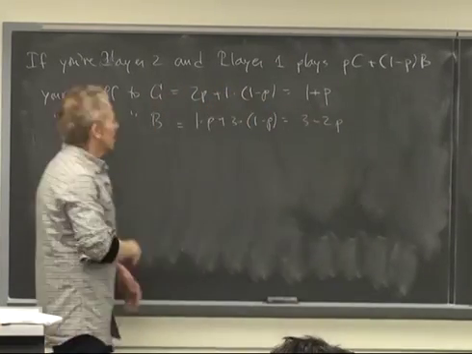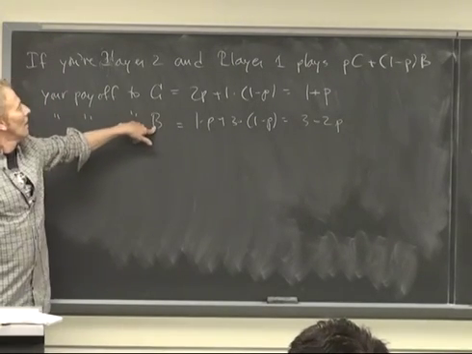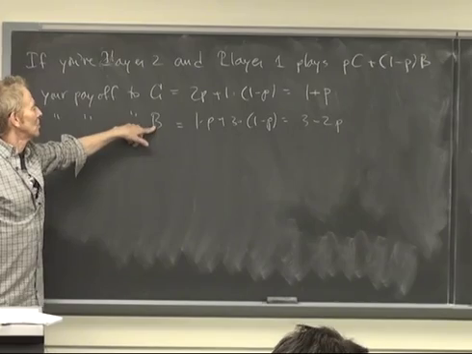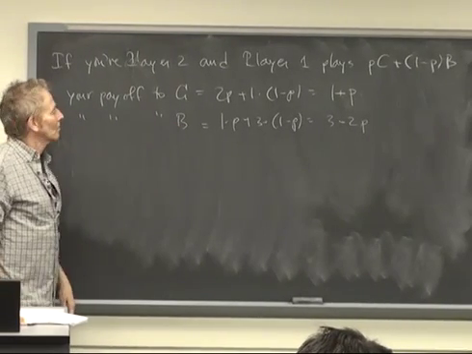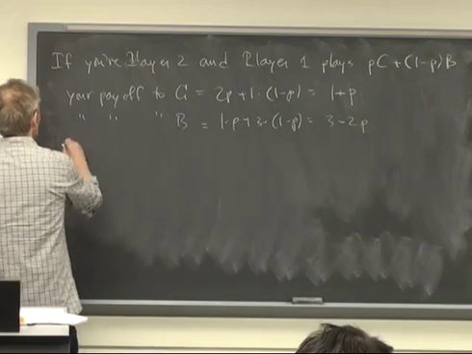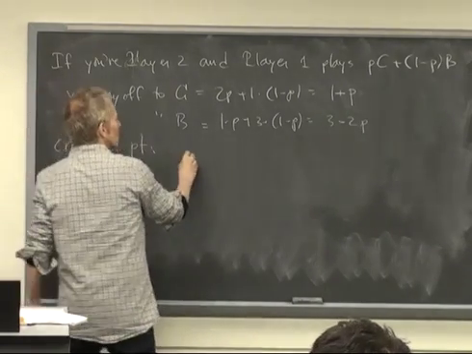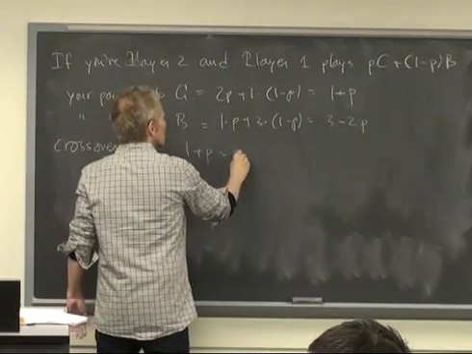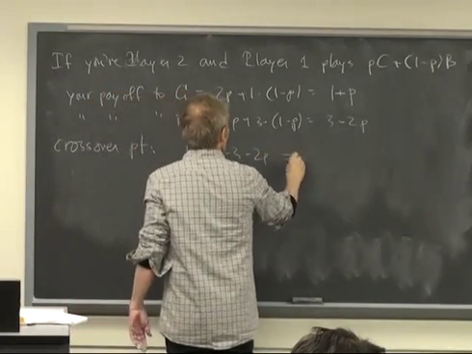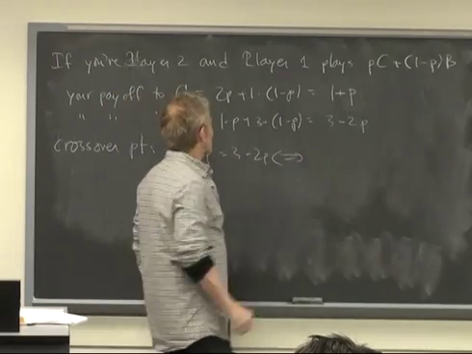Okay, so again, if P is 0, player 2 is better off playing B. If P is 1, player 2 is better off playing C. So in between, there's some crossover point. So the crossover point is where 1 plus P equals 3 minus 2P, which is the same as P equals 2/3.